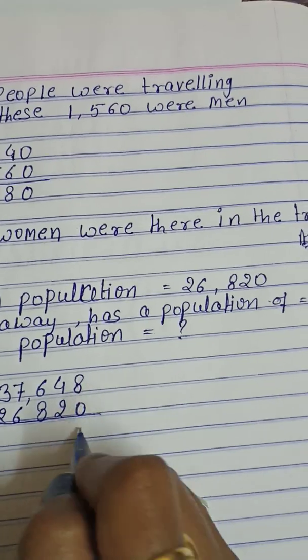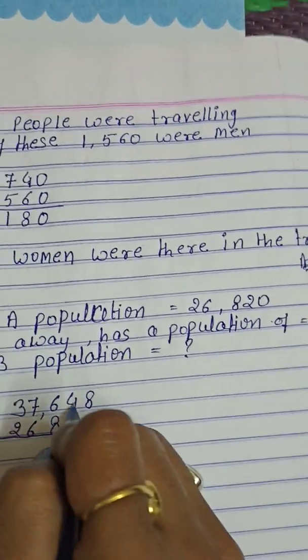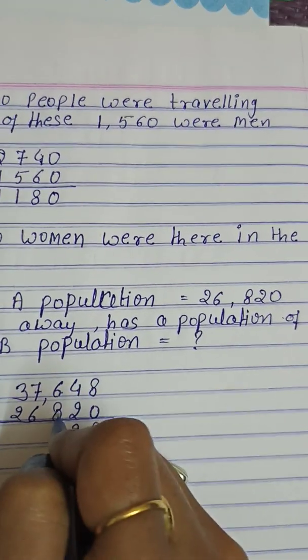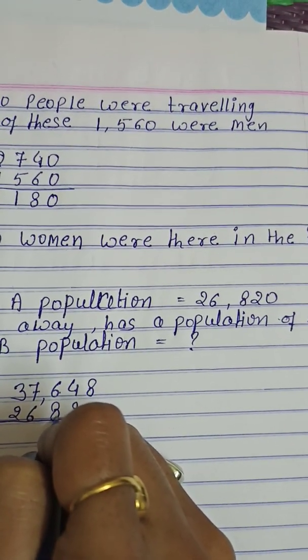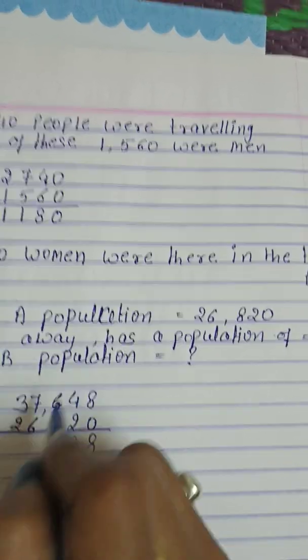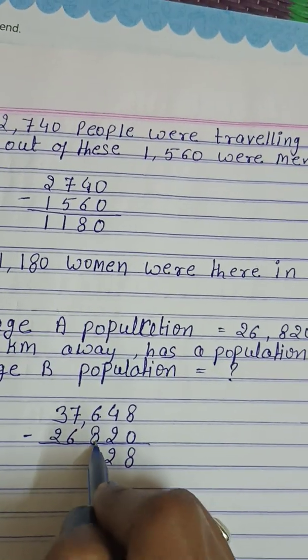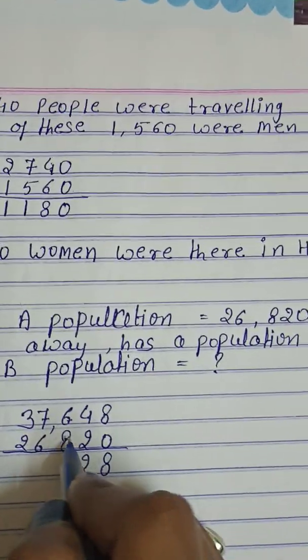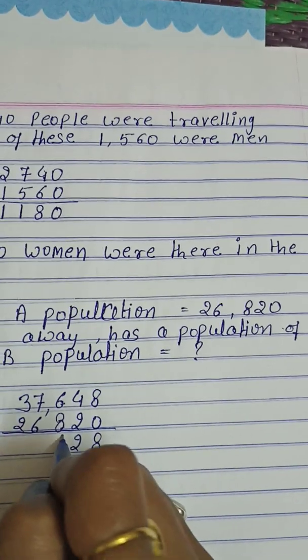So here we have 8, as it is we have to write. Here we have 4, so what we get is 2. Here we have 16 and here 8. So this is not possible, we have to take a borrow from 7. So we have here 16. So we have to subtract 8 from 16. What do we get? 6.